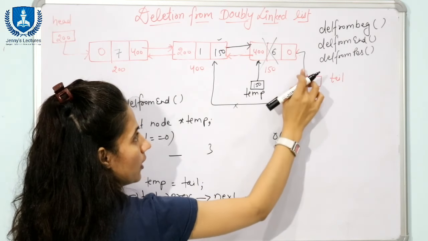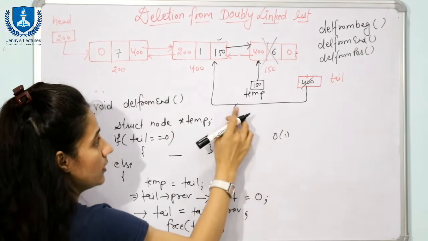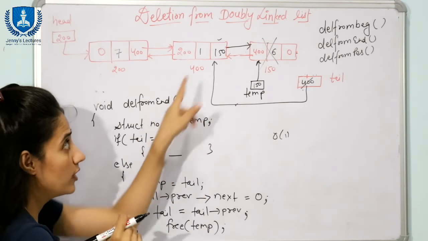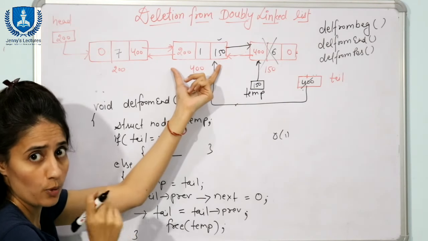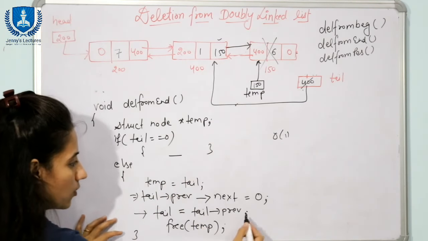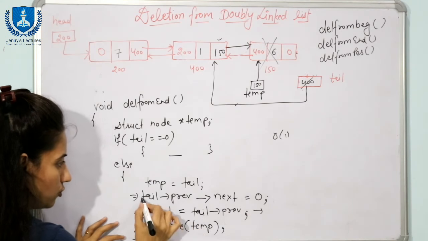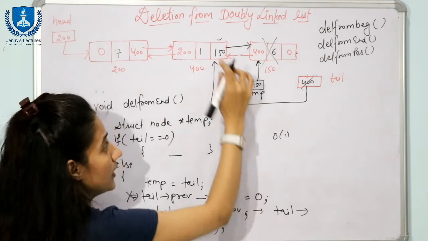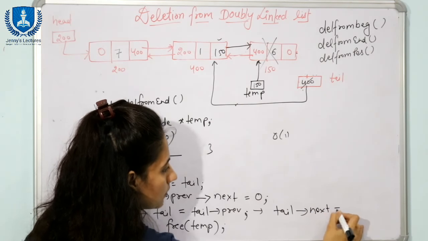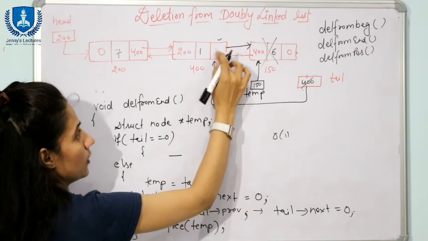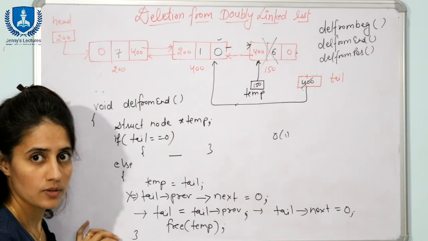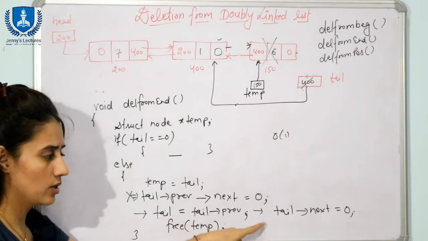Now it has 400. So this link has been broken, and now tail is pointing to this node. Now we can update this part. How can you access this? The pointer to this node is tail. Now after this line, you can directly write tail of next is equal to 0. So now here 0, this link has been broken. After that you can write free temp. So there are two ways you can write this.